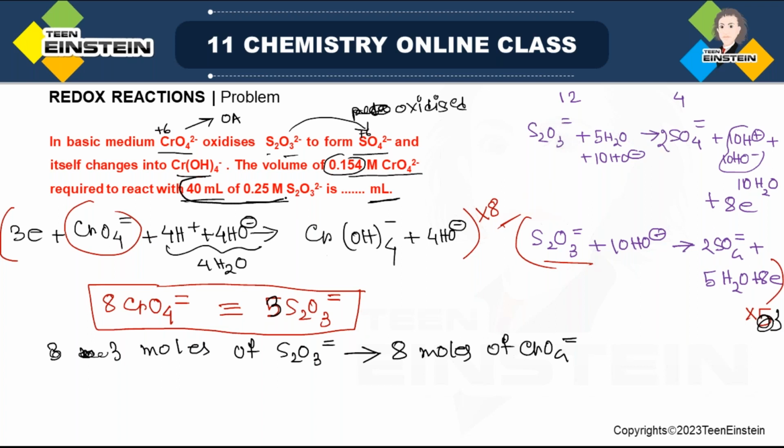Now here it is 40 into 0.25. Now we know when we multiply volume in ml and molarity, we get the number of millimoles.